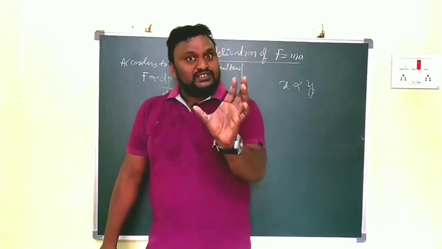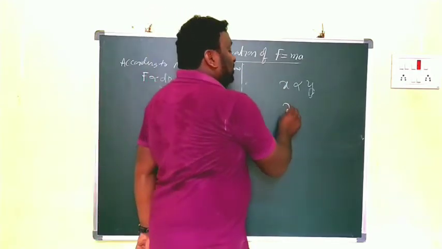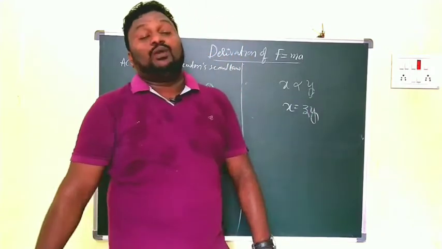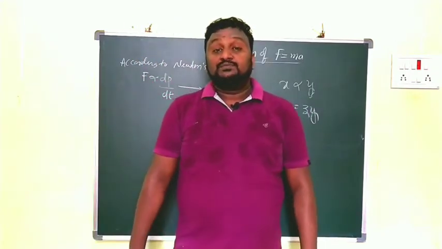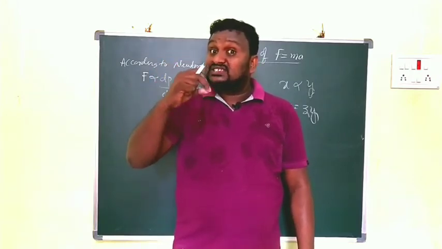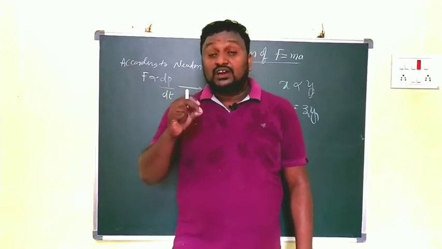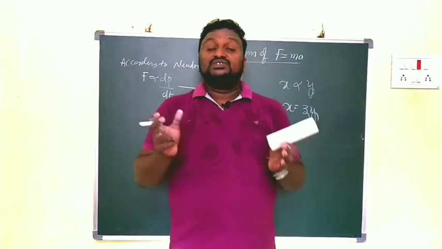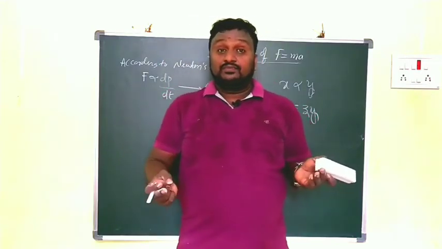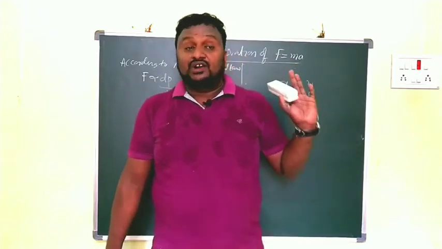To equate them, we have to use one constant, so I write x equals z into y. Here the letter z is known as the proportionality constant. To balance the two physical quantities in an equation, we use one constant, known as the proportionality constant.